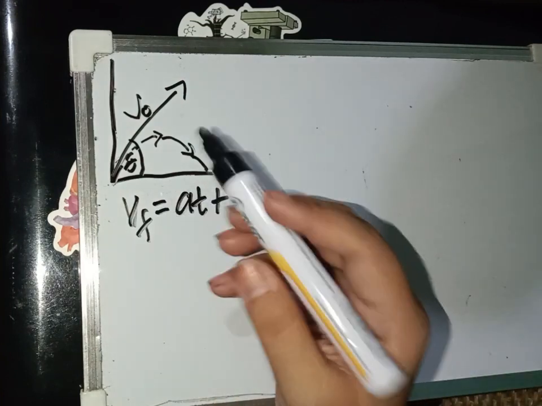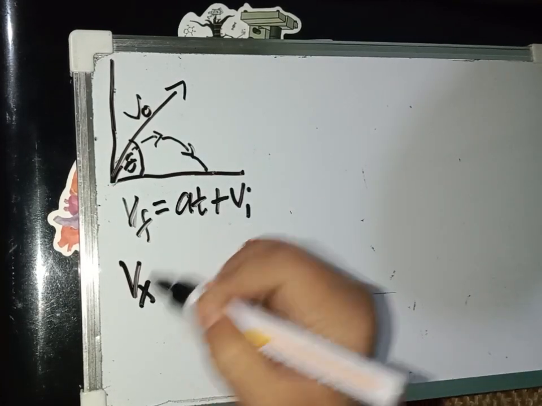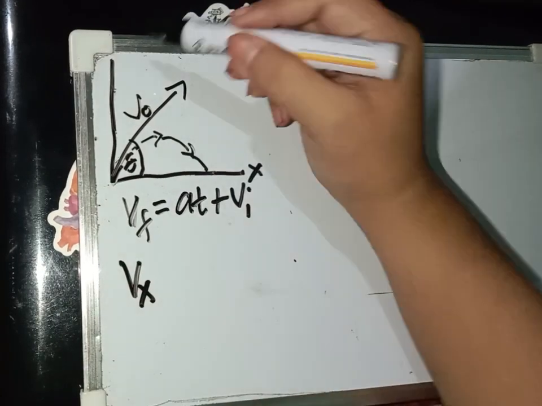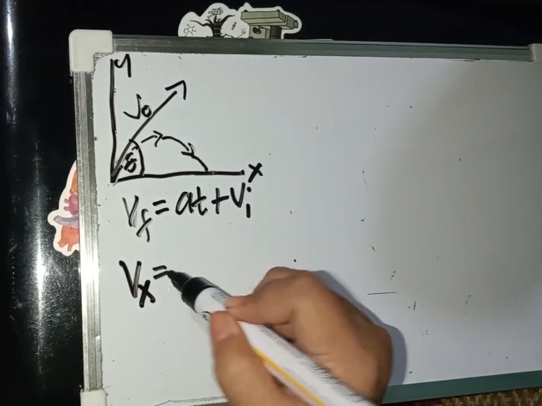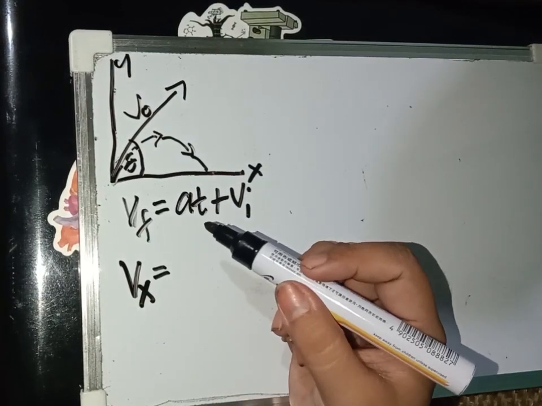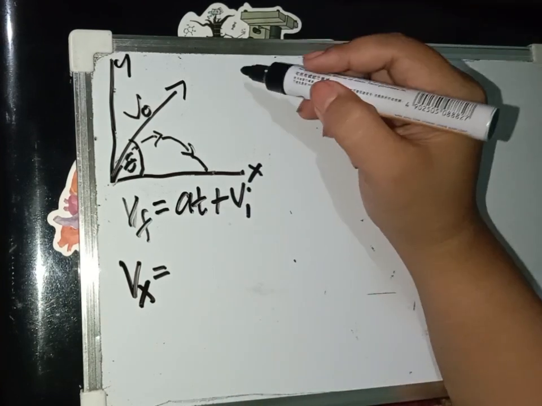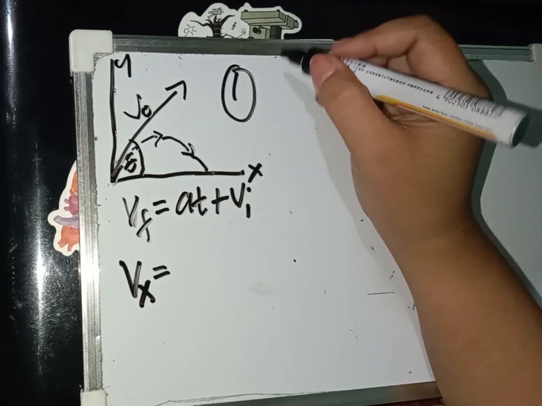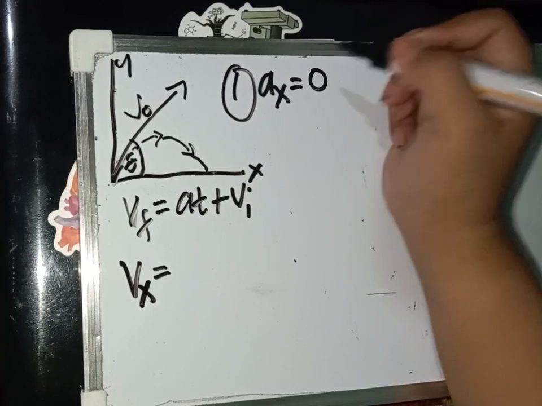So on that note, the V sub f here will become the velocity of the x component. Here, this is the x, this is the y. Velocity of the x component is equivalent to the acceleration at the x component. Remember that the equation earlier is that acceleration at the x component is equal to 0.